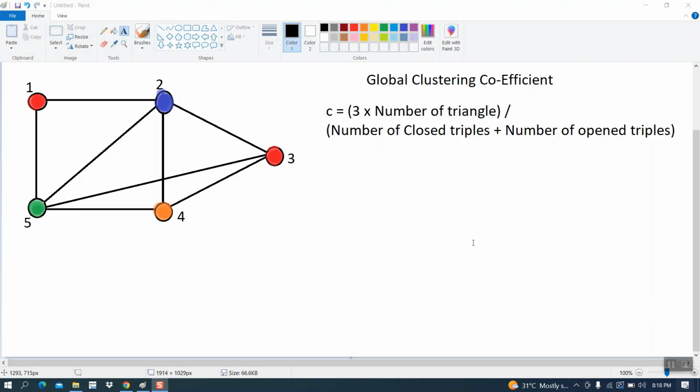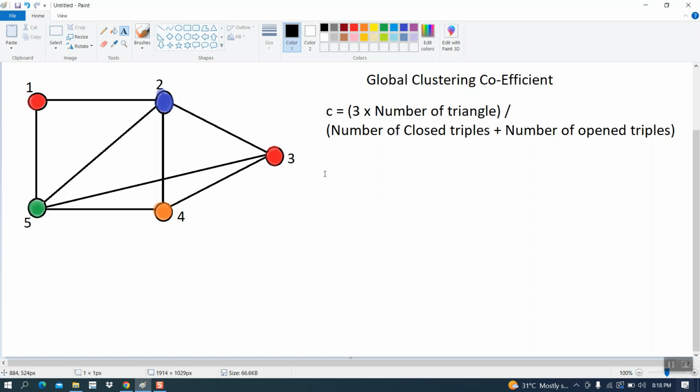Now let's see how to find out the global clustering coefficient of this graph. We can make a simple equation. Global clustering coefficient C equals 3 times the number of triangles divided by the number of closed triples plus the number of open triples.